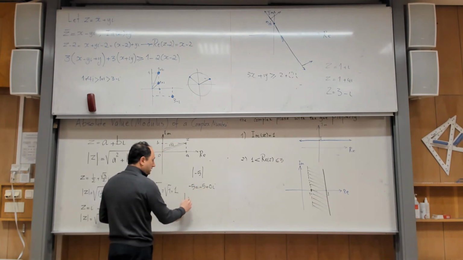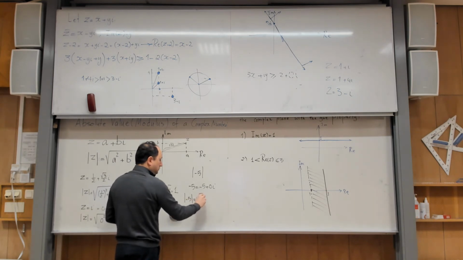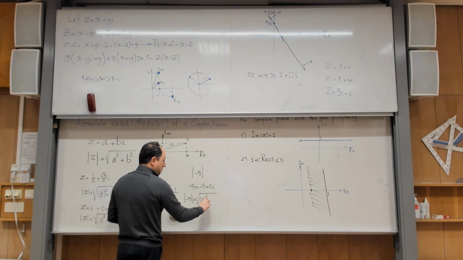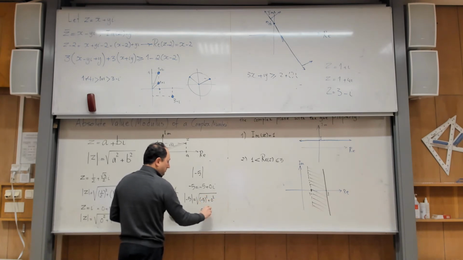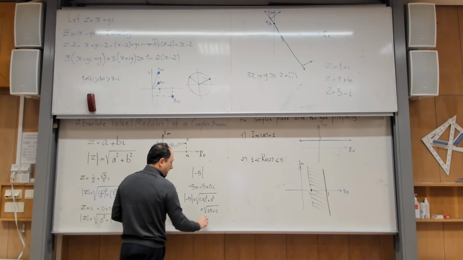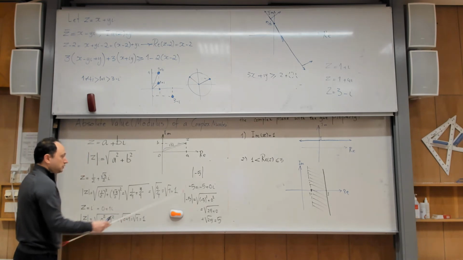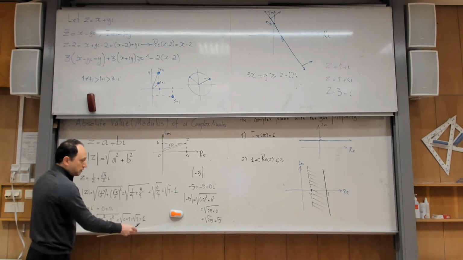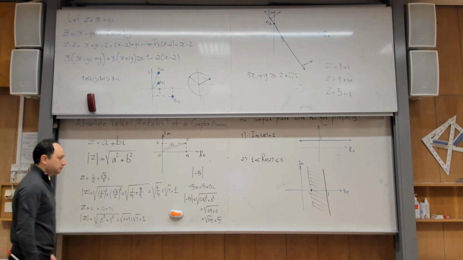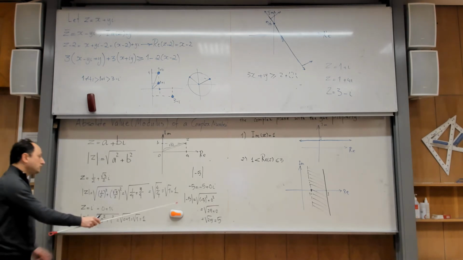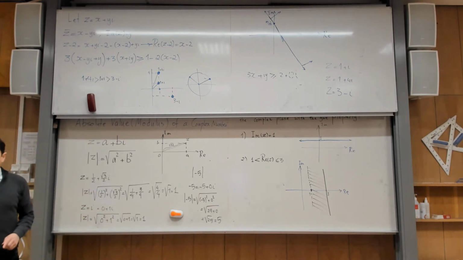If I calculate the absolute value of minus 5 using this formula, this gives me the square root of minus 5 squared plus 0 to power 2, which becomes the square root of 25 plus 0, which becomes 5. So for real numbers, we really don't need to go through this long process. We just simply answer 5. But even if you use the formula, it will give you the same answer. Otherwise, we would have been in trouble.